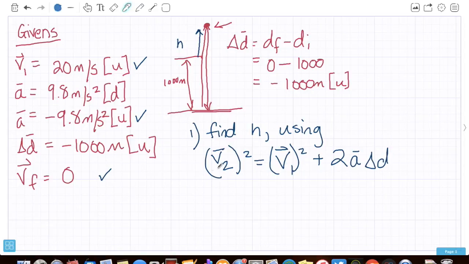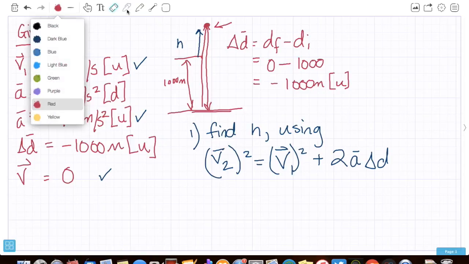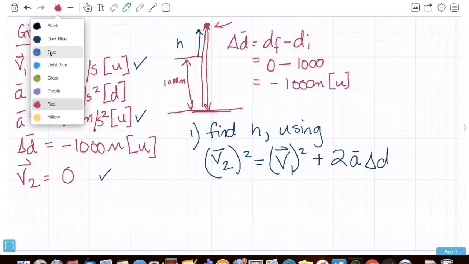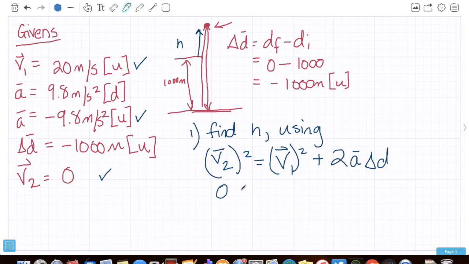So if we make our substitutions, VF is equal to, sorry, this should be V2, just to be consistent. So V2 is 0.